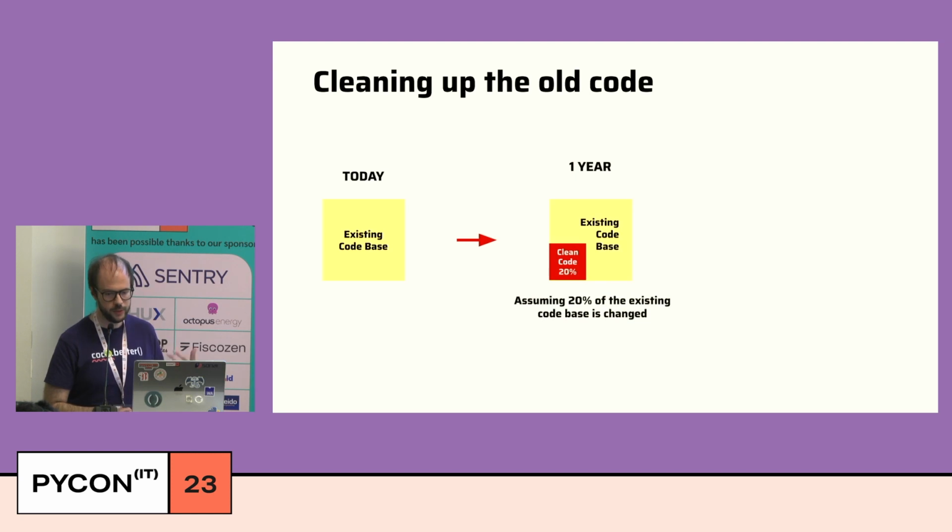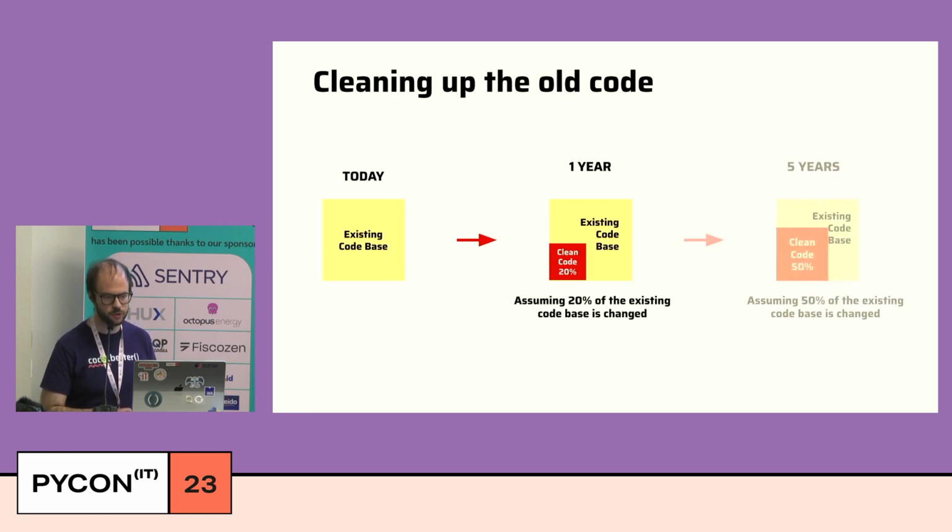So if we assume that maybe after 1 year we had to touch 20% of the existing code base, it means that 20% of the existing code base is going to be clean. If we project this to 5 years, maybe we're going to touch 50% of the existing code base, and it means that half of the code base is going to be clean incrementally.